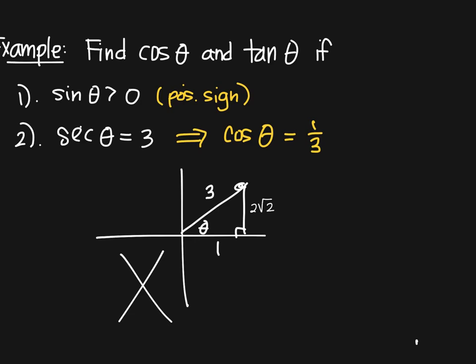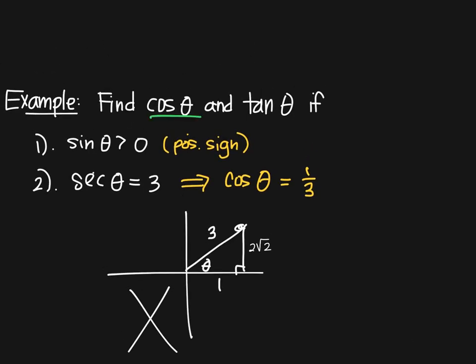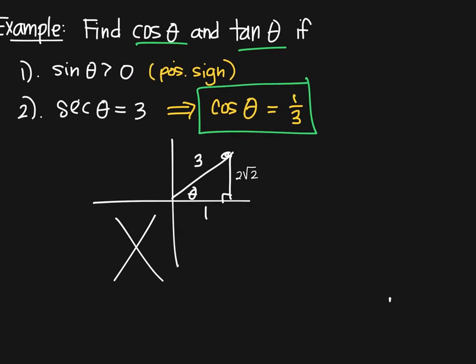Yeah. I think so, because what is sine? Opposite over hypotenuse. And what's the opposite? 2 rad 2, and the hypotenuse is 3. Everything's positive. We're good. So I know that this triangle is in the right place. To answer the question, I had to find cosine, which I already did, but I still have to find tangent. So tangent for that reference triangle is TOA, and TOA would be 2 rad 2 over 1.